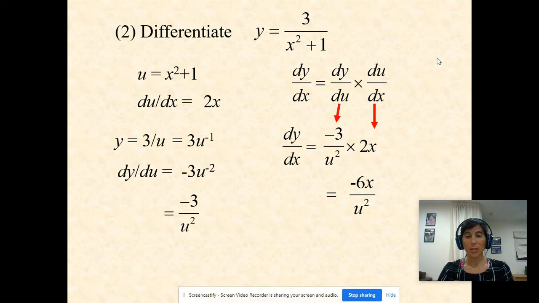Once we simplify, that's negative 6x over u squared. We can substitute in that u, so we end up with dy over dx, which is the gradient function or the derivative, they're all different ways of saying the same thing, or f dashed of x. So that is equal to negative 6x over (x squared plus 1), all squared on the bottom line.